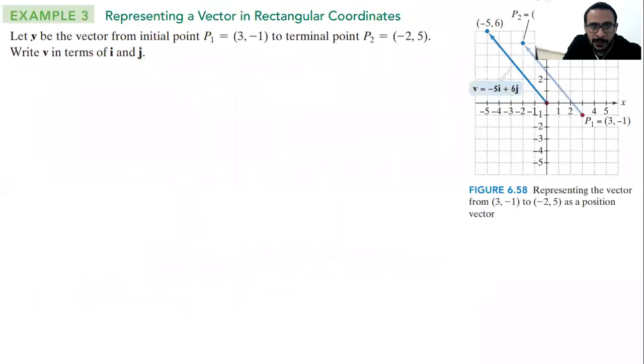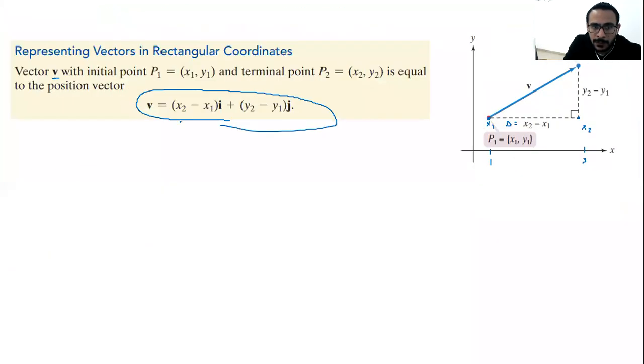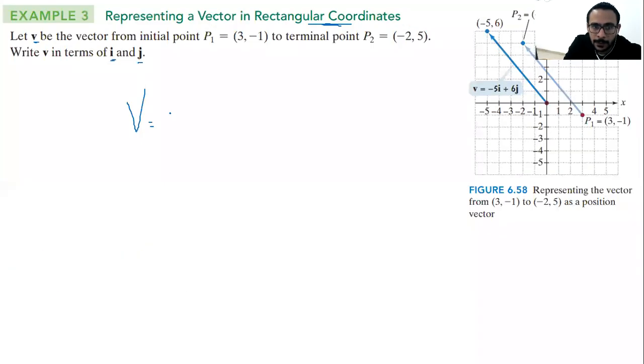Let v equal the vector from the initial point (negative 3, negative 1) to the terminal point (negative 2, 5). Write v in terms of i and j, in rectangular coordinates. So simply I will write v equals, from the formula, (x2 minus x1)i plus (y2 minus y1)j.